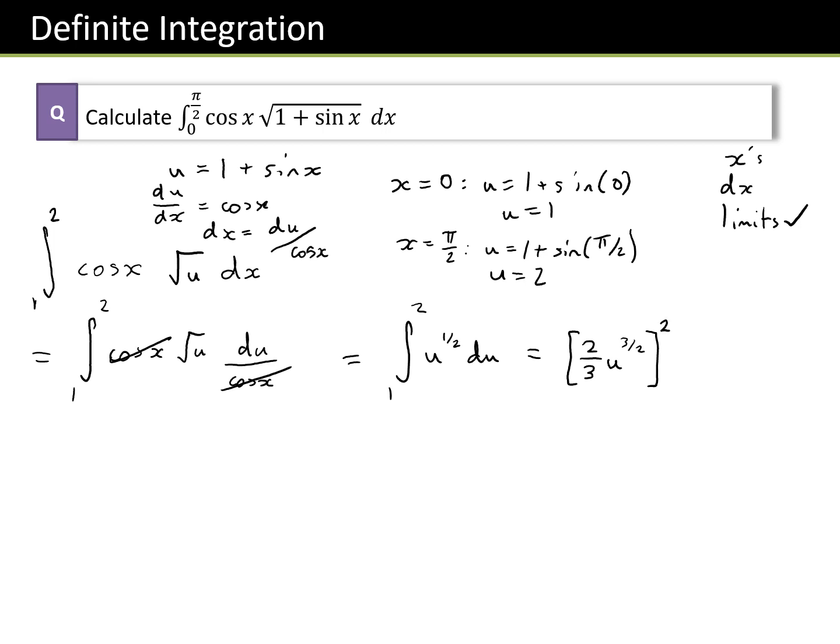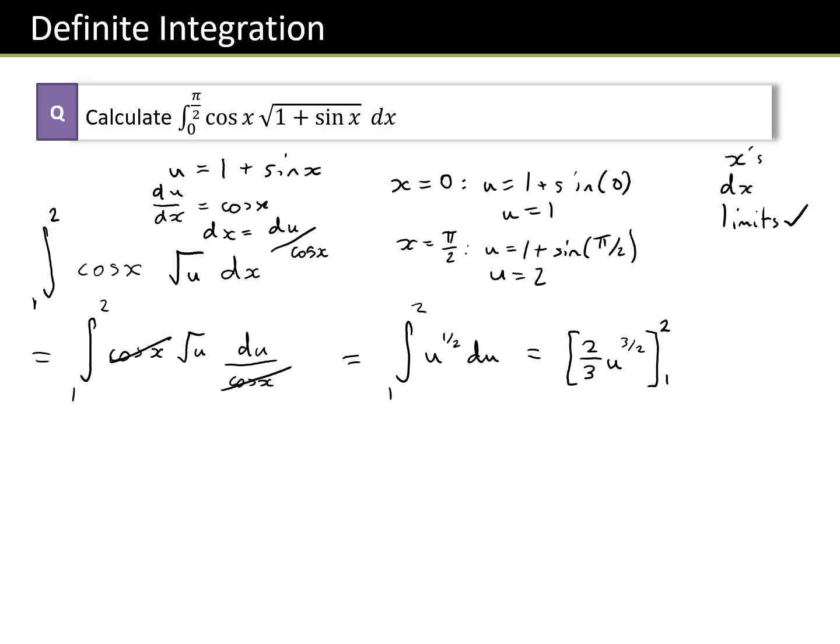And because it's definite integration, we don't need the plus c, and we just need the limits. Now, because these are values of u, we can just sub them straight in. If these were values of x, we'd need to swap it to x first.